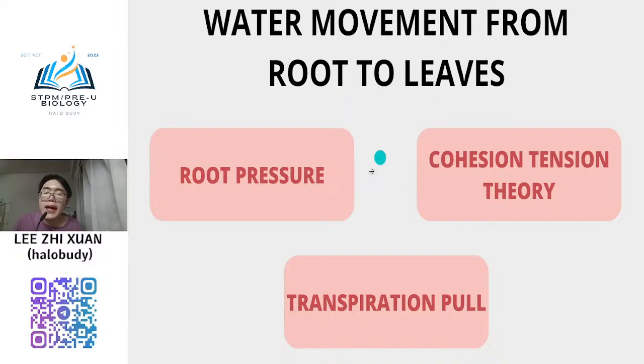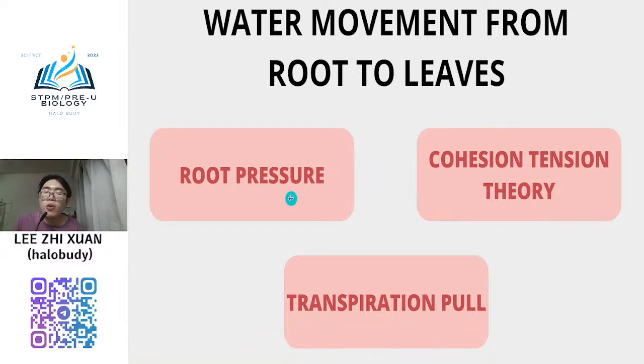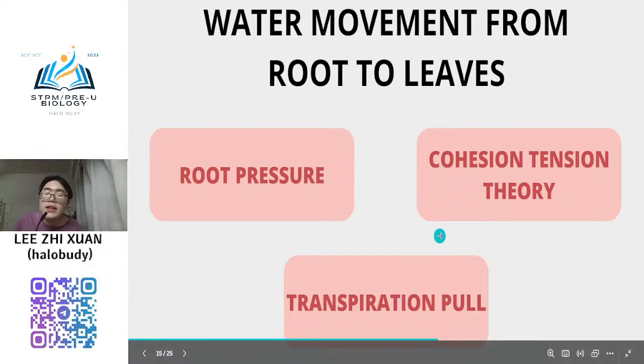So normally there are three main mechanisms: root pressure, cohesion-tension theory, and also transpiration pull. The cohesion-tension theory and transpiration pull are highly related. These two processes are highly related; only root pressure is unrelated to these two.